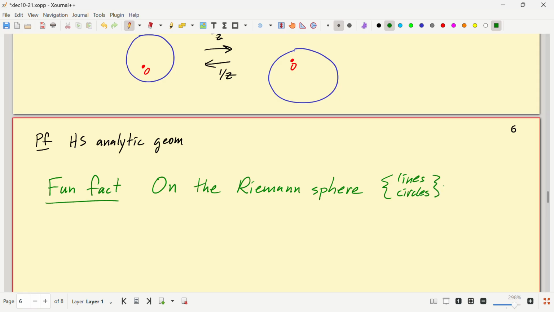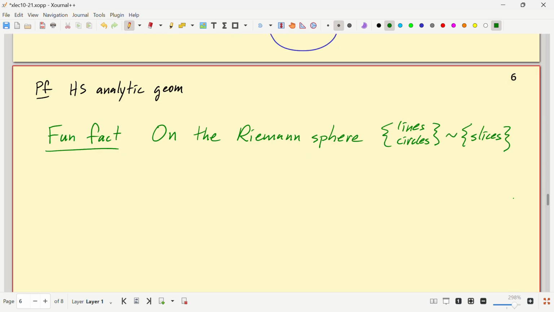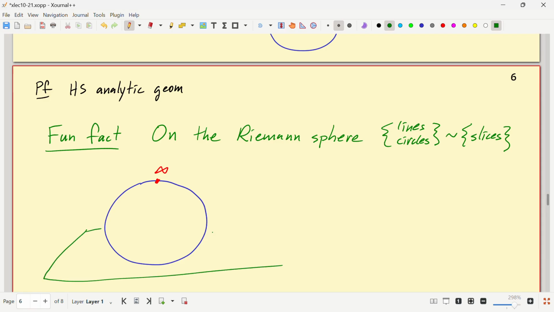So there's not two things, there's only one thing. And so slices get preserved on the Riemann sphere, which is the right place to think about linear fractional transformations. So here's the point at infinity. And remember the Riemann sphere sitting on the complex plane. Here's the origin.